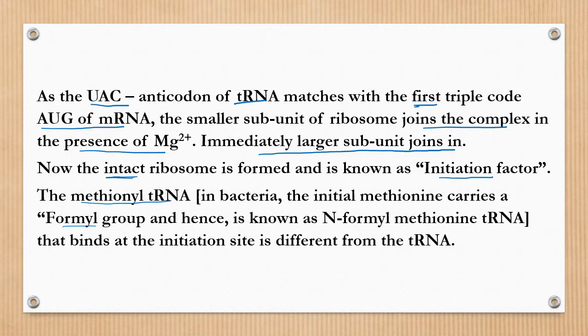But in eukaryotes, it is called methionine tRNA. So in bacteria, the initial tRNA is N-formyl methionine tRNA that binds at the initiation site, and it is different from the other tRNA.